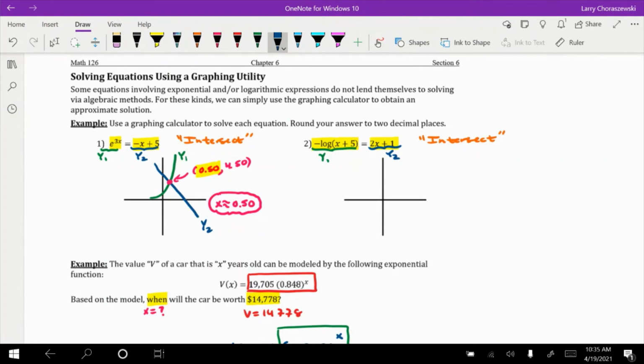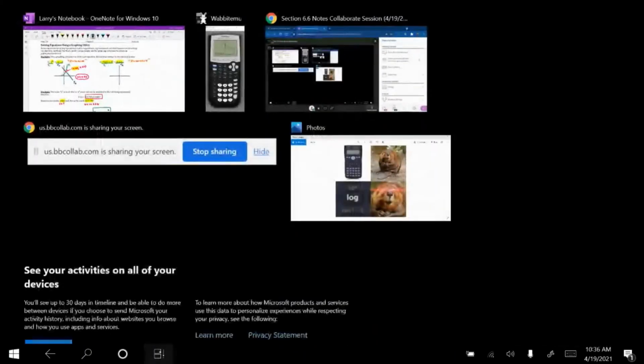Kevin, you using the small minus sign for that log? All right, let's go over the answer.